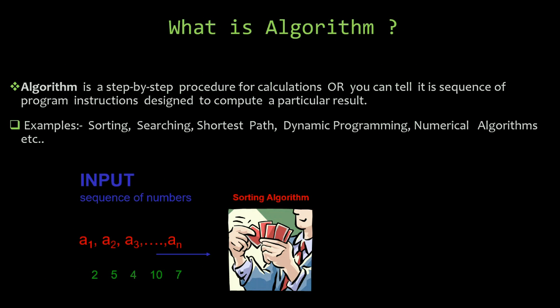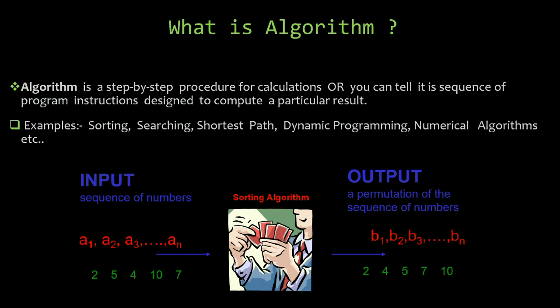You will use some algorithm or some step-by-step process to sort each and every card, and at the end you will get sorted elements or your cards. So you can understand that an algorithm is something where you give input and get the required output, and in between you have to perform a step-by-step procedure for calculation.